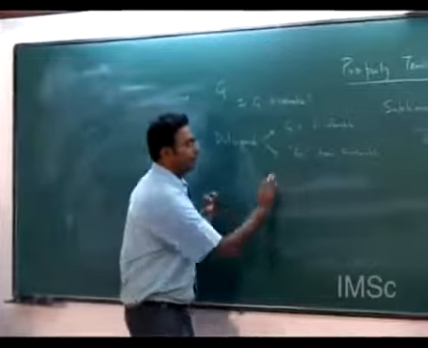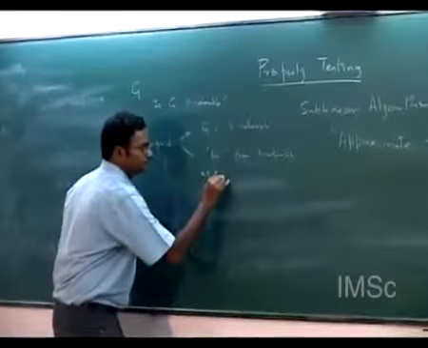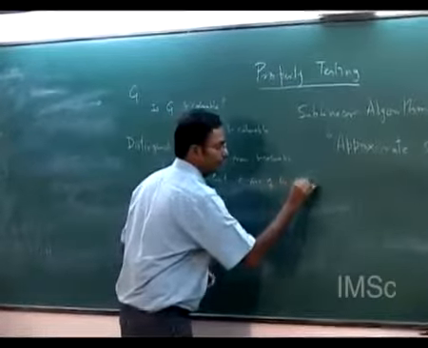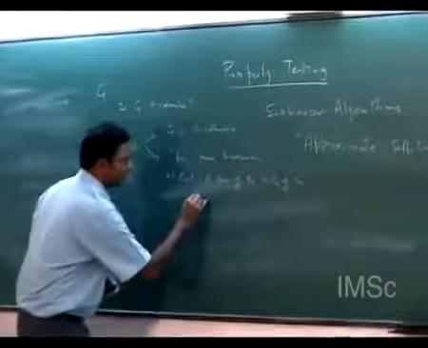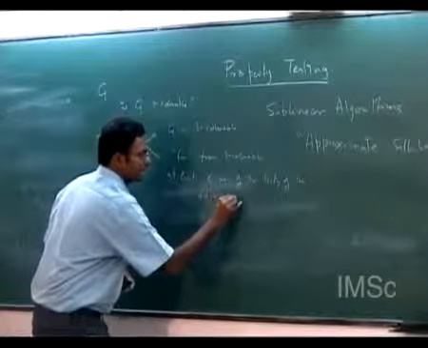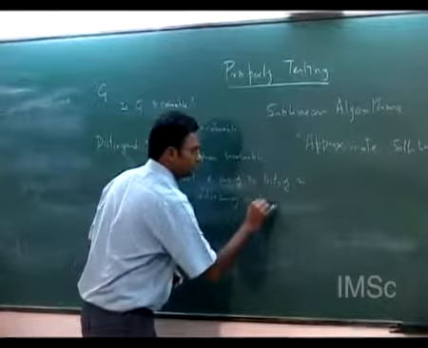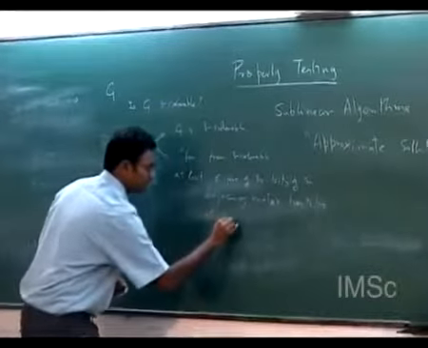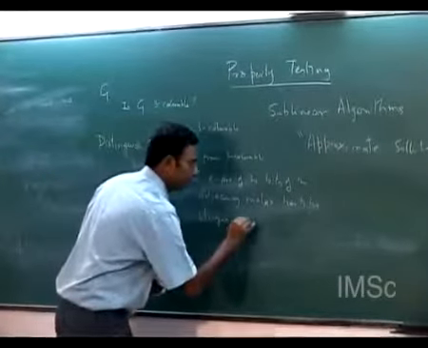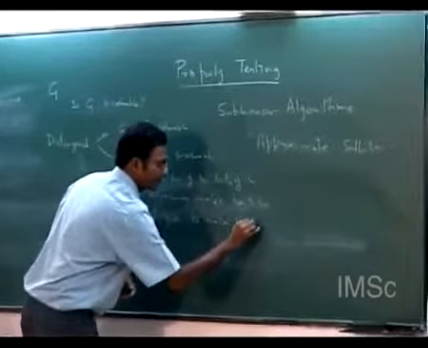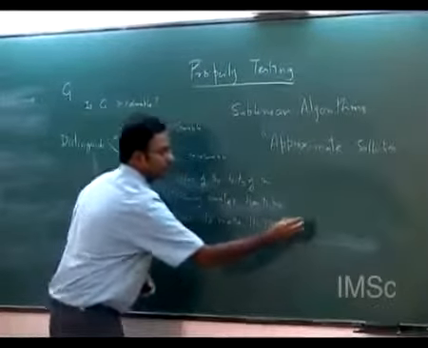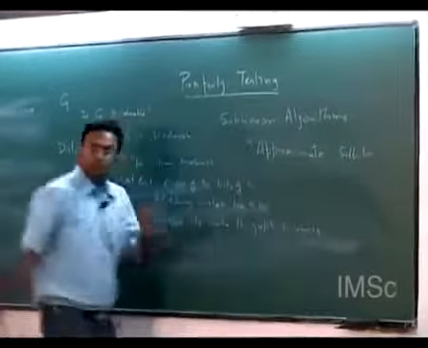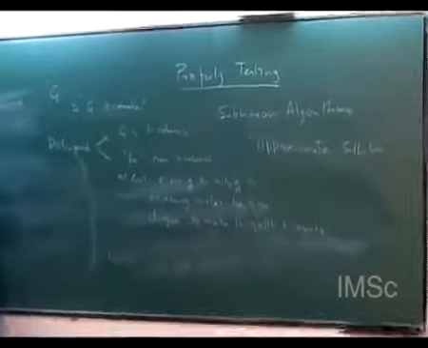So here I mean that at least epsilon fraction of the bits of the adjacency matrix has to be changed to make the graph three colorable.